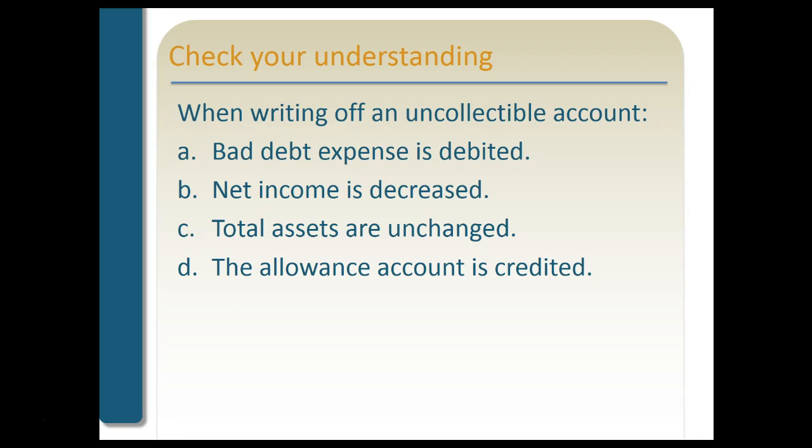Let's look at another multiple choice for you. When writing off an uncollectible account, A, bad debt expense is debited, B, net income is decreased, C, total assets are unchanged, D, the allowance account is credited.